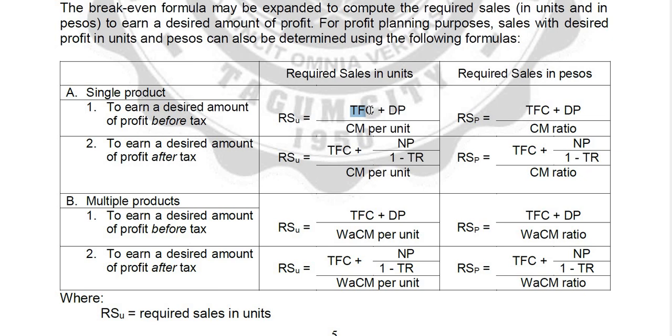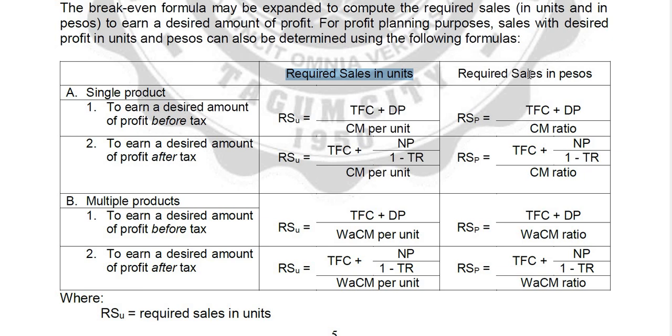So what is this? This is your total fixed cost plus your desired profit before tax, then you divide it by the contribution margin per unit, if you want to compute the required sales in terms of units.